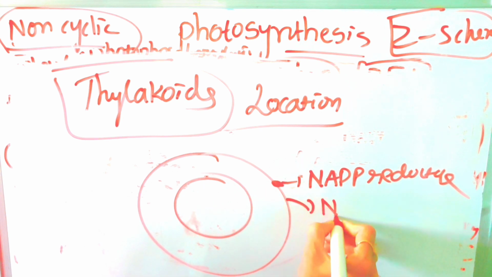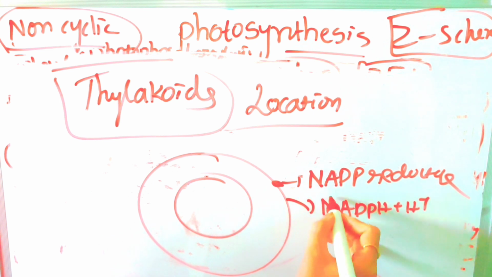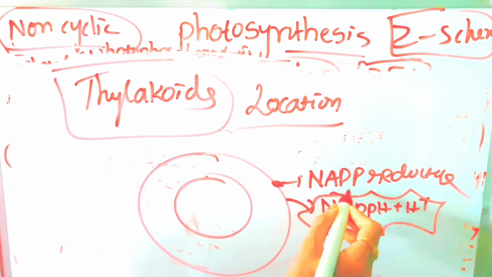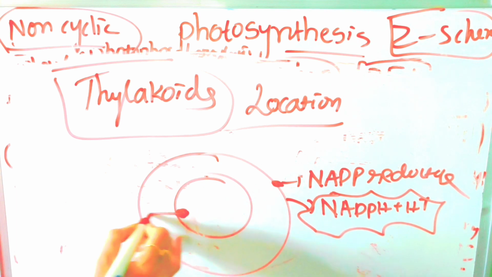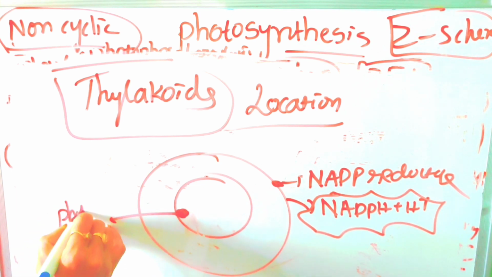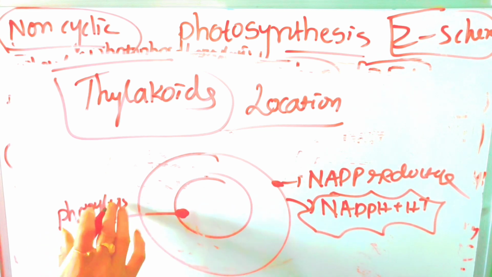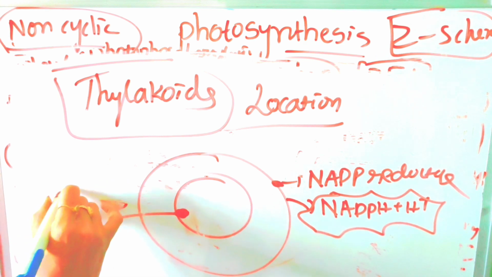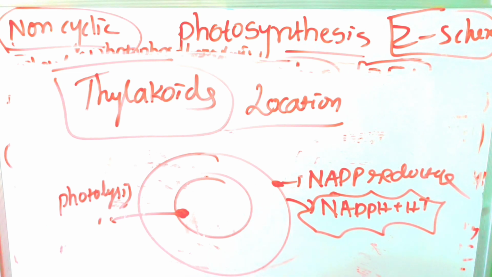So NADPH plus H plus is the reducing power. Next, another important complex is the photolysis complex in the inner thylakoid membrane. What is the need of photolysis?